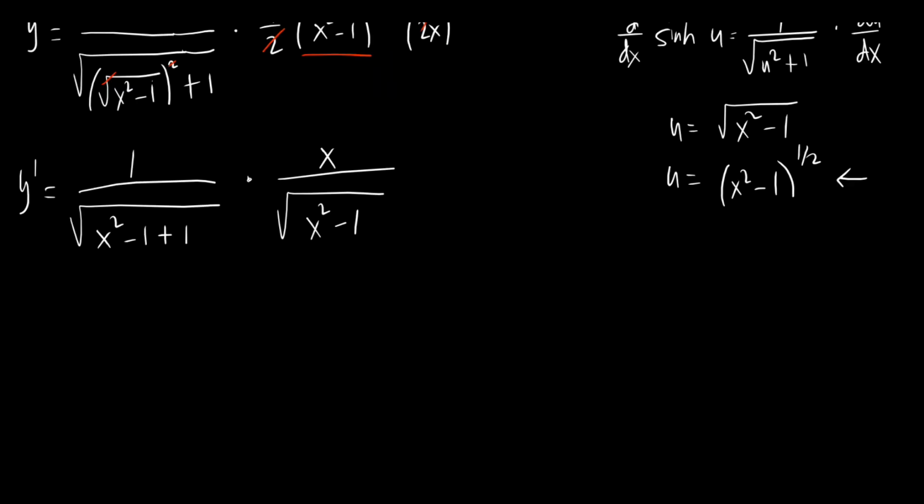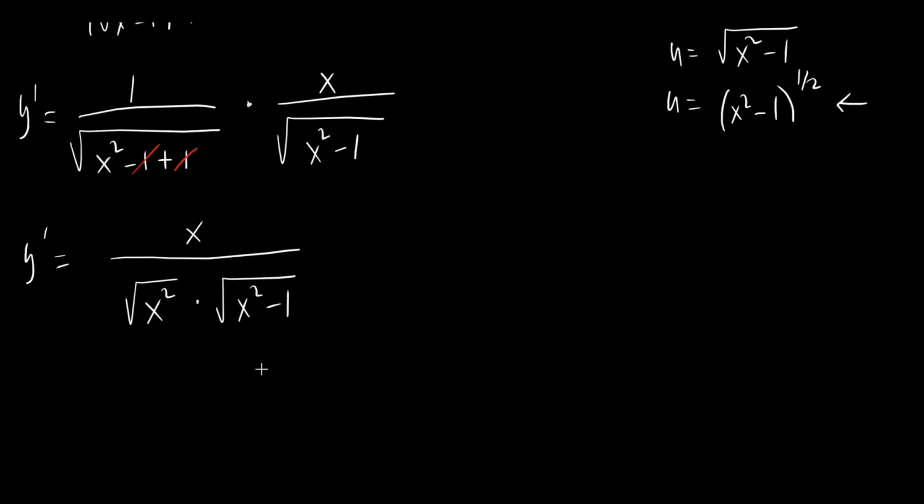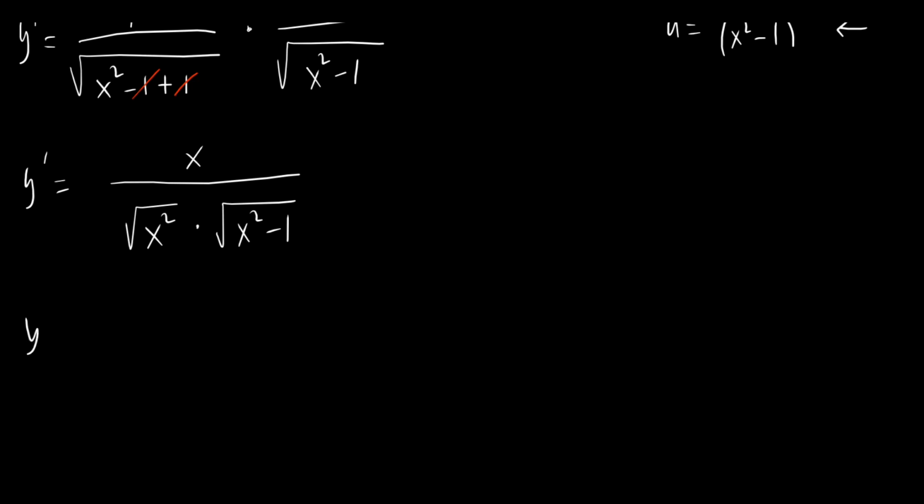Let's further simplify. We have y prime is equal to x all over, this one will be cancelled, negative 1 plus 1 equals 0. So we have square root of x squared times square root of x squared minus 1. So y prime is equal to x all over, what is the square root of x squared?